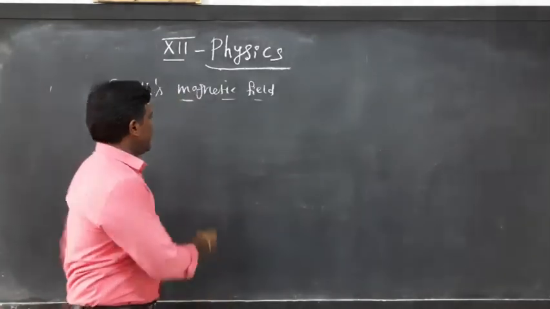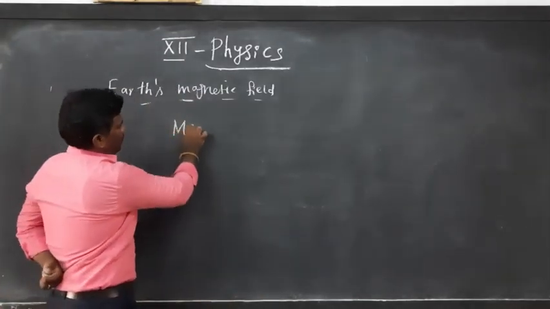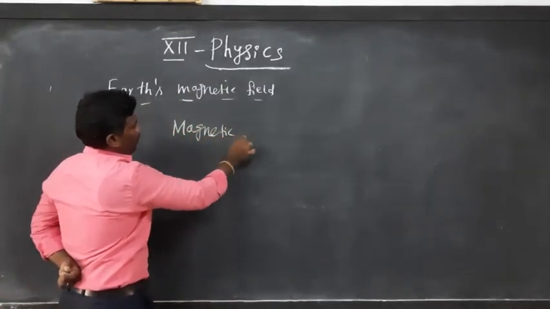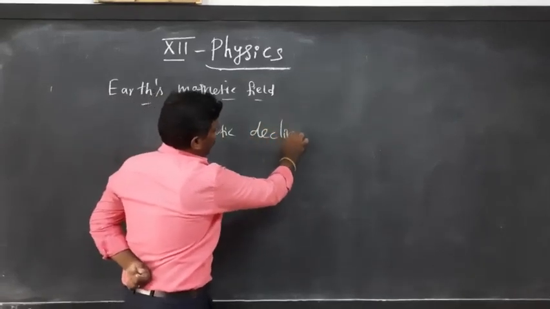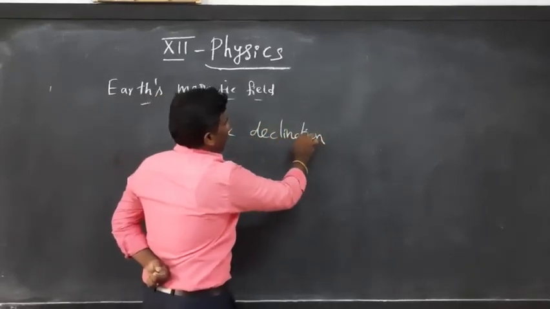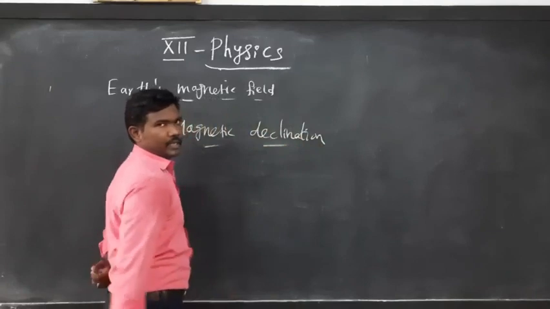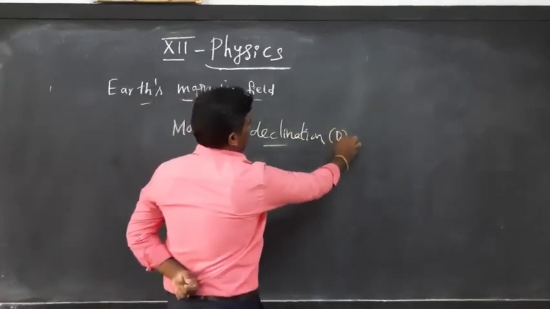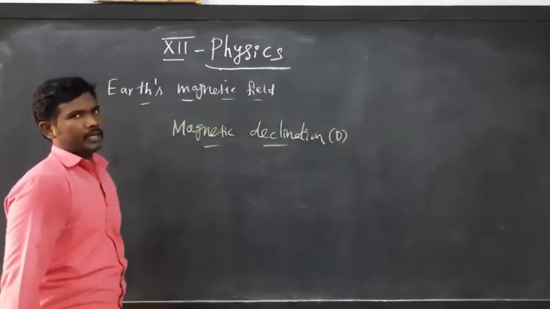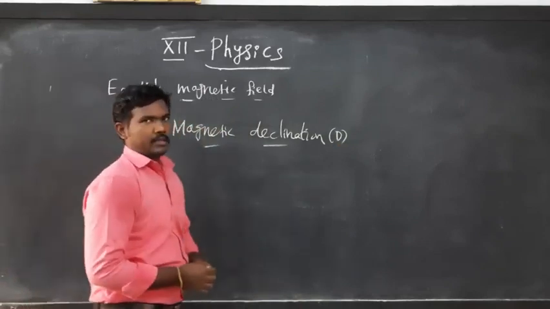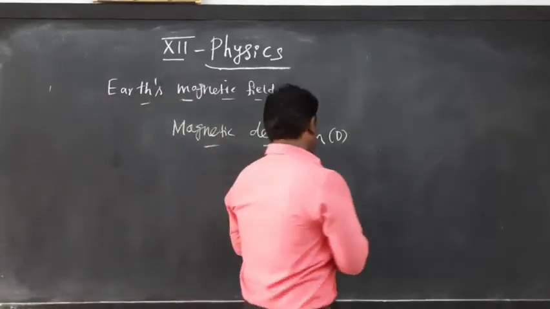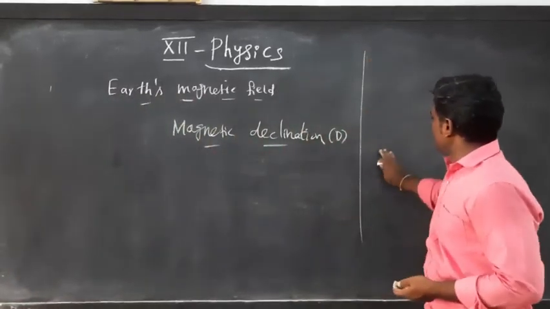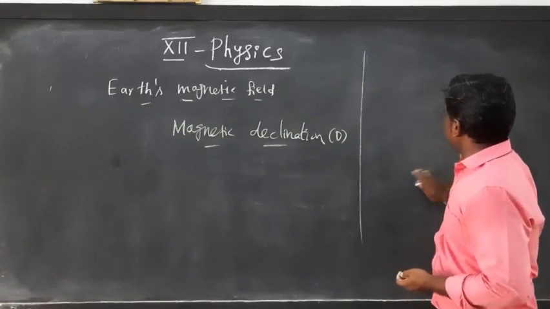The first quantity is magnetic declination. It is not the letter D, magnetic declination. Before entering the topic, we must see the simplest topic.